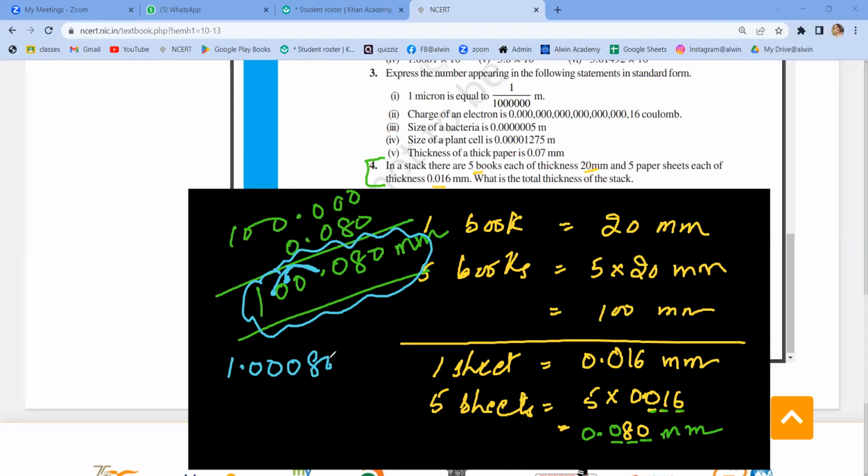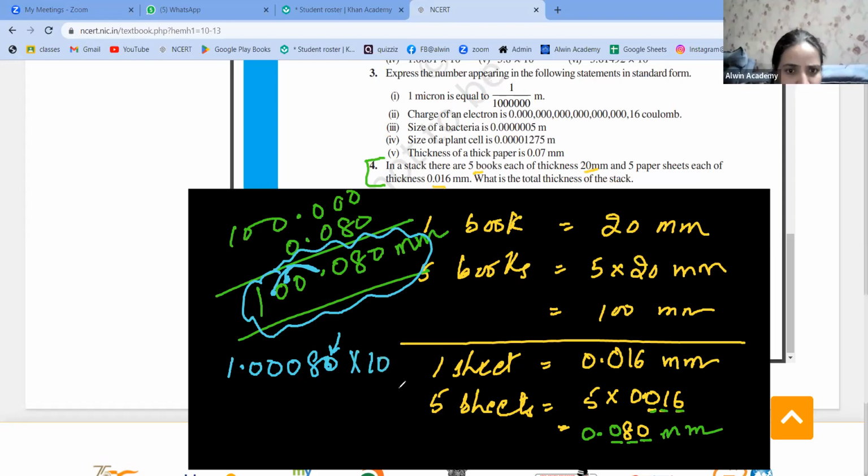1.0008 times 10 to the power. When you go to the left, which power is increased? Ma'am, it will be 10 to the power 5. Ma'am, minus.